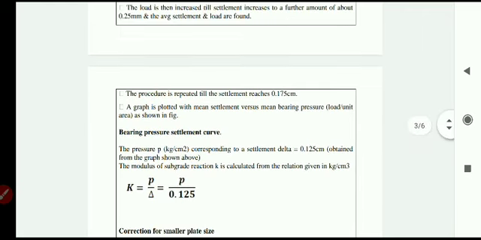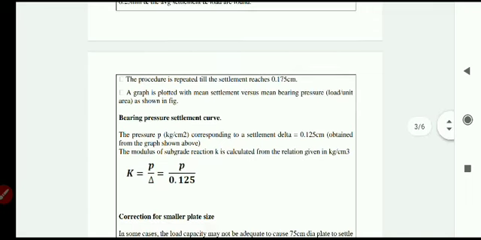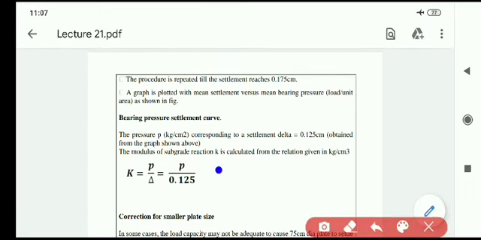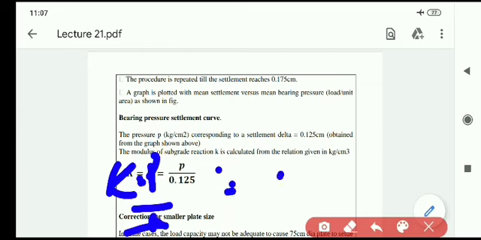The pressure P in kg per centimeter square corresponding to a settlement delta of about 0.125 centimeter is obtained from the graph, and the modulus of subgrade reaction K is calculated from the relation K equals P by delta, where delta here is 0.125 cm.